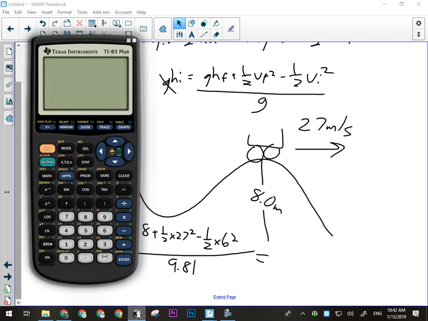And that'll give me my initial height. Okay, so the initial height of the roller coaster is 43 meters.